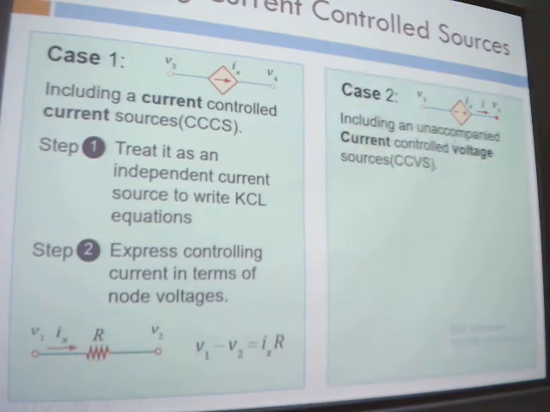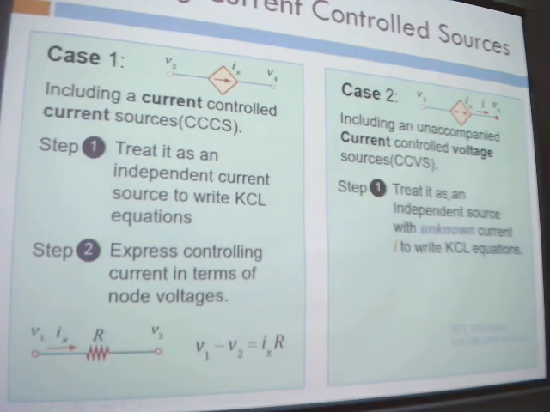So the second case, if we have a current controlled voltage source, CCVS, a different case. The first step, we treat it as an independent source with unknown current. We don't know the current I. And we also write the KCL equations. Then, the second step, we need to find out the controlling current Ix, right? Go back to this part. We know the Ix times R is equal to V1 minus V2.